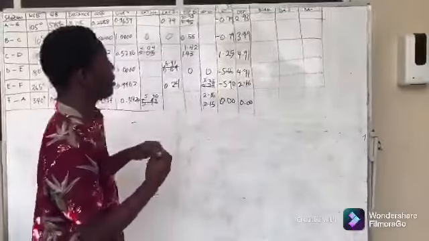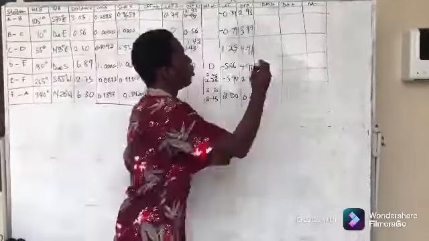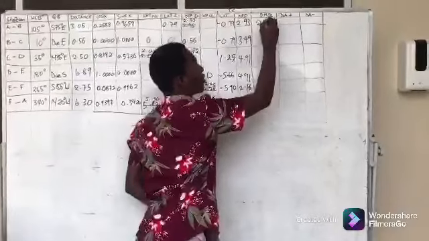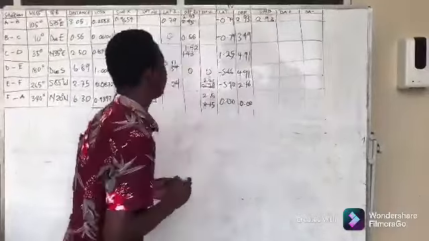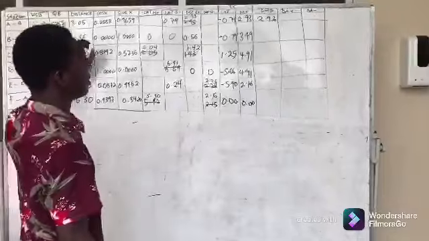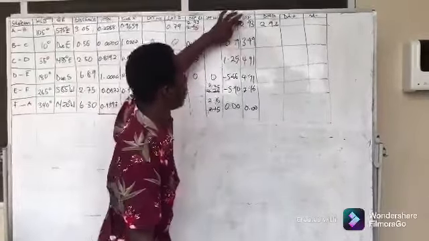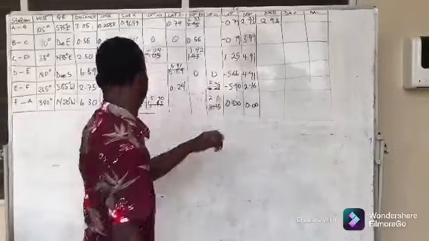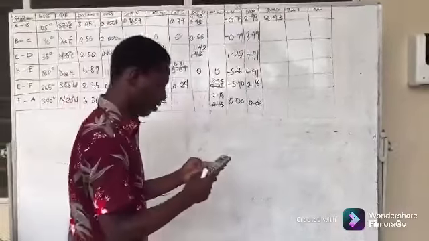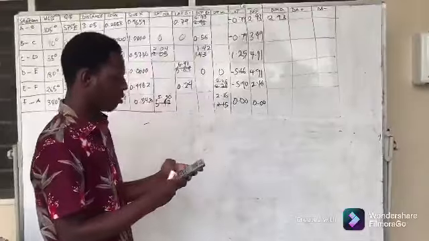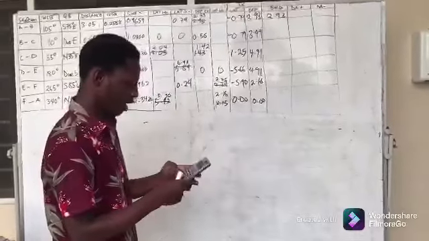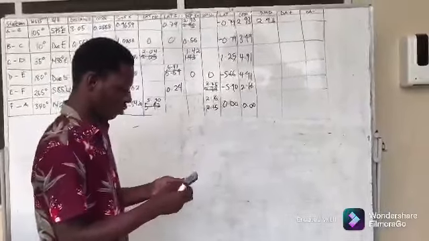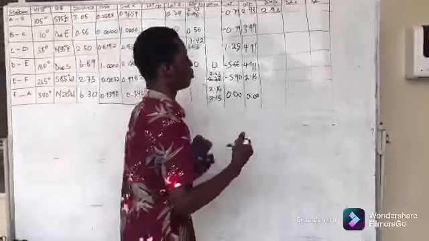So for station AB, the DMD is 2.93. But the DMD for station BC is adding the first station value to the second station value. So 2.93 plus 3.49, which should give you 6.42.